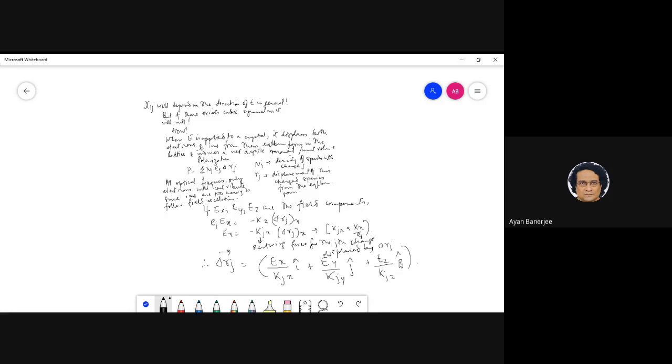Sorry, this is k. Very clearly you can see that this delta Rj will be parallel to my electric field E only and only if all these Kj's are equal. Because this is like that thing you have, no?